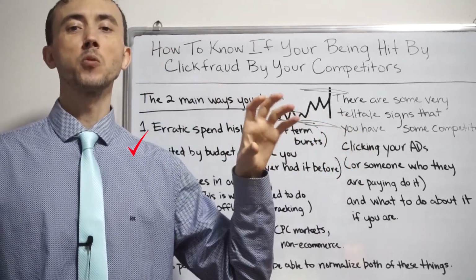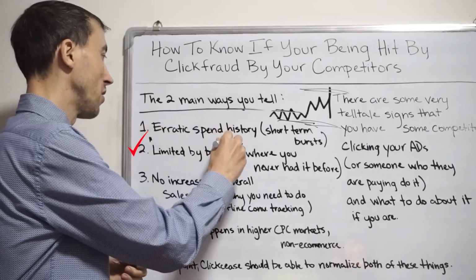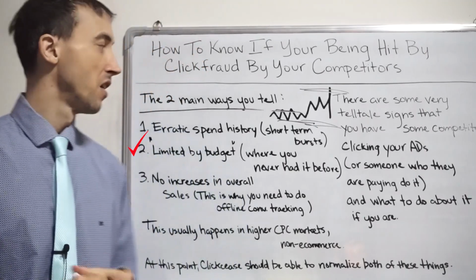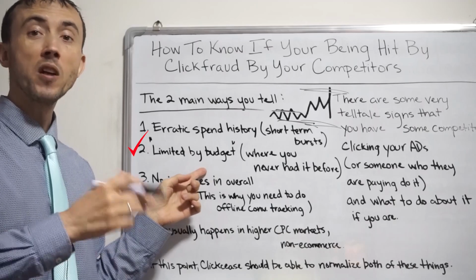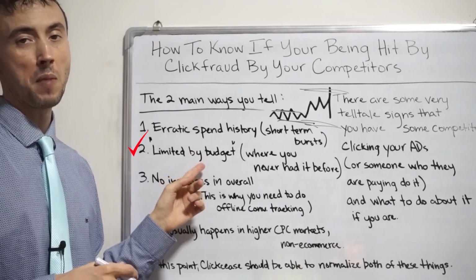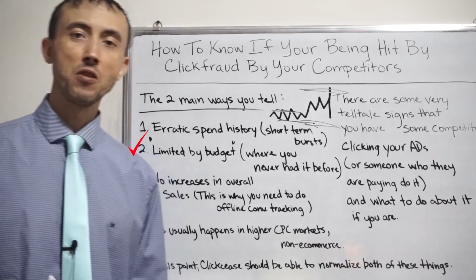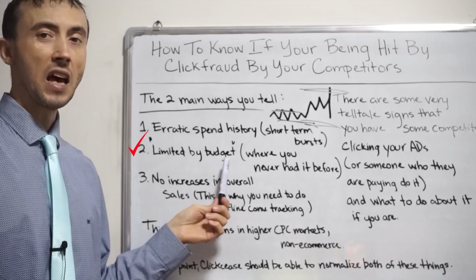If your campaigns were not showing the so-called limited by budget warning, indicating that your ad's only running part of the day, and then all of a sudden on multiple campaigns, or on the one campaign that you have, you start showing limited by budget, going along with the previous method, that's the other way to tell.